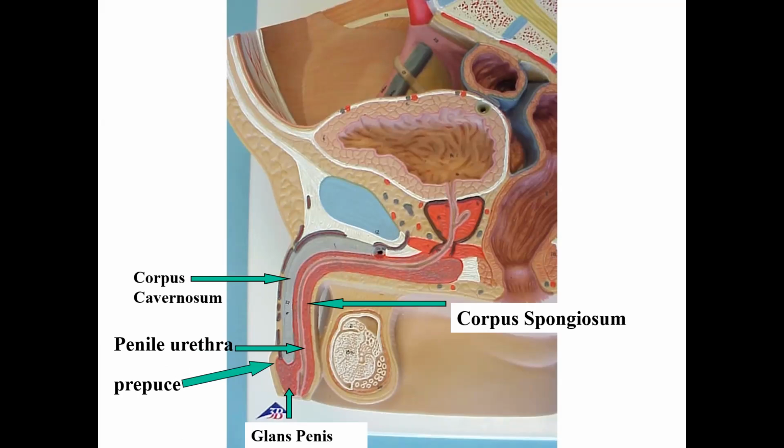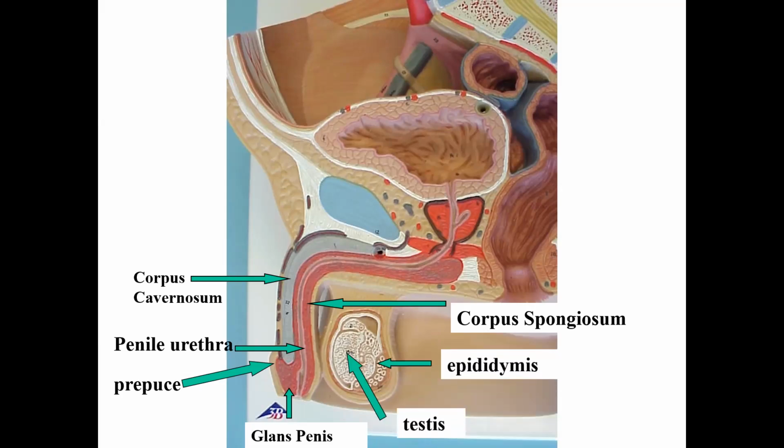They run along the dorsal surface of the penis, and they are the primary areas that become engorged with blood and cause an erection to occur. The spongiosum has one band, and the cavernosa have two. I'll show you a slide on that in a second.